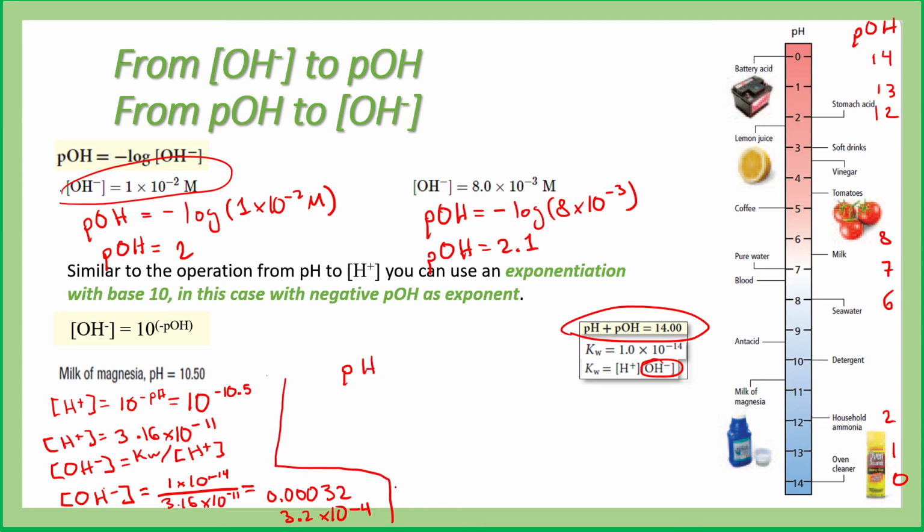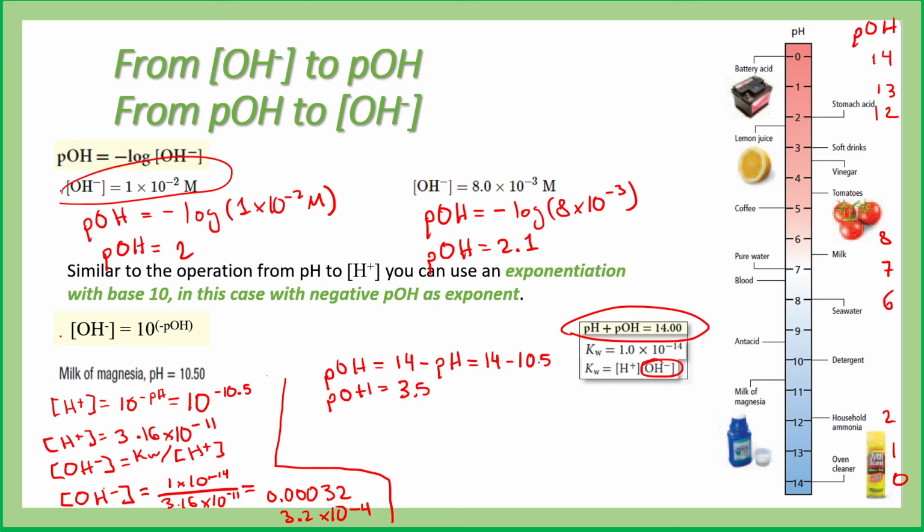I'm going to draw a line to separate the procedures. If I move pH to the other side, pOH is equal to 14 minus pH. This is 14 minus 10.5, and that is a pOH of 3.5.